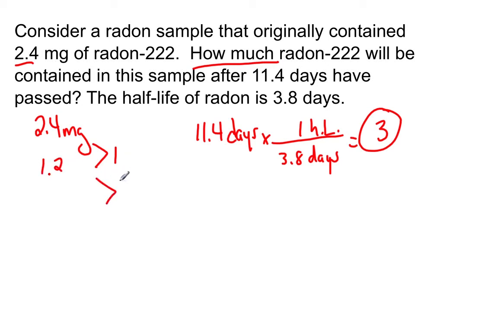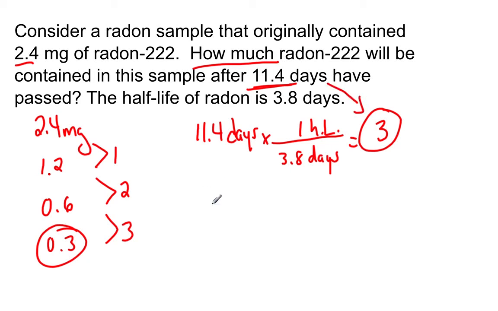That's 1 half-life. That's 3.8 days that went by. The second half-life, 1.2 divided by 2 is 0.6. And then the third half-life, 0.3. So now I know after 11.4 days, which is really 3 half-lives, I'm going to have 0.3 milligrams of my radon left.